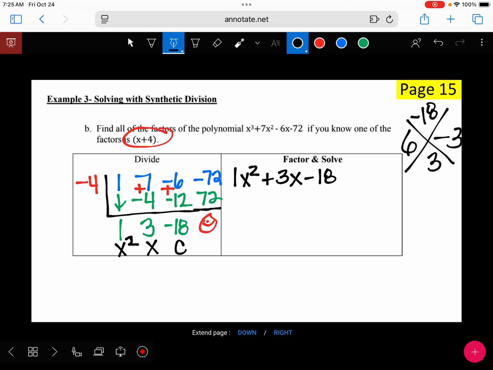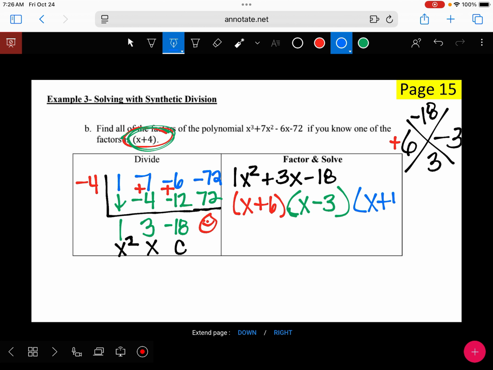Okay, so now we're going to go ahead. So we got x plus 6. And then we have x minus 3. And then we have what they gave us at the start, which is x plus 4. All right, go ahead and set all 3 of these equal to 0 because it says factor and solve.